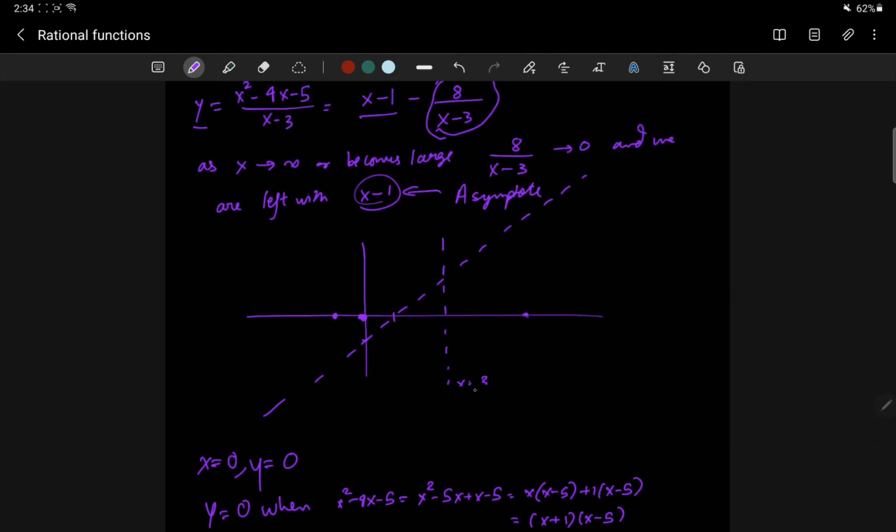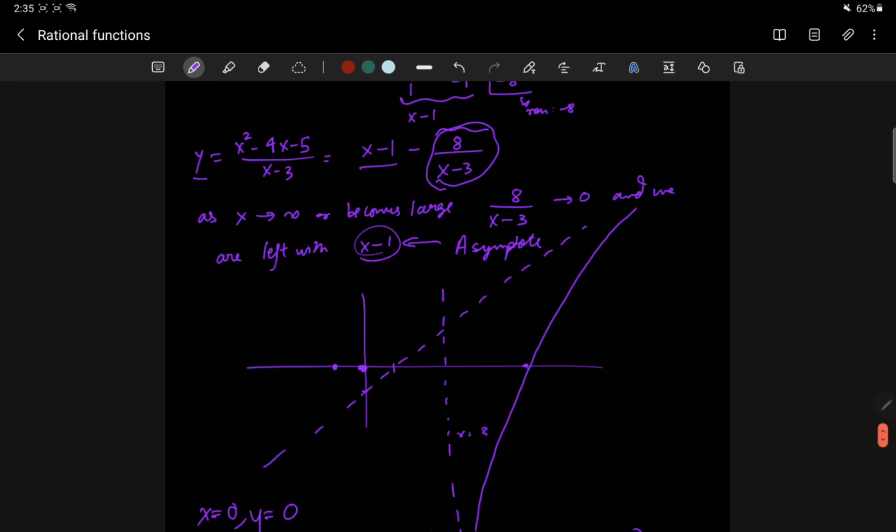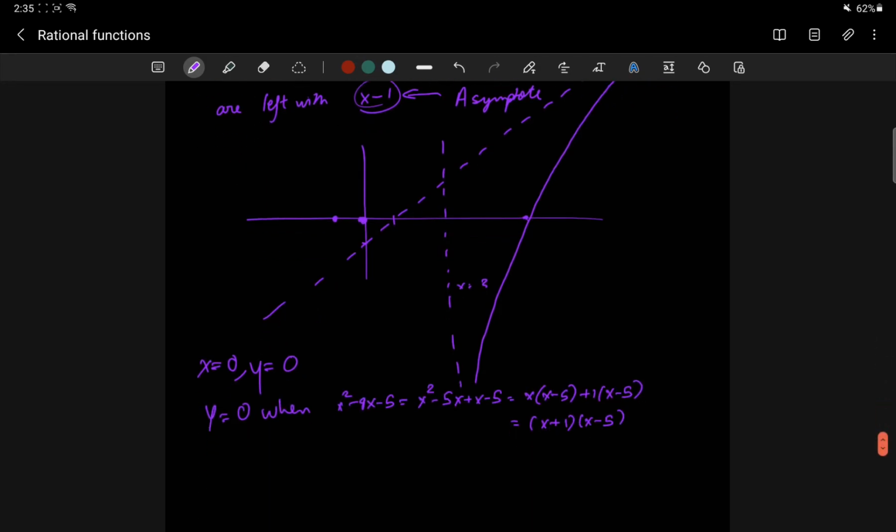Now these are vertical asymptotes. But it approaches, as it goes to infinity, this gets closer and closer to that line. So that's what that is going to look like. And then there's a y-intercept here and this intercept here. So let's see what's happening here.